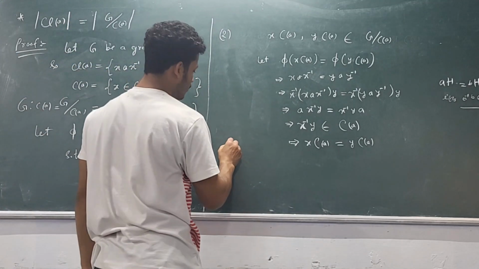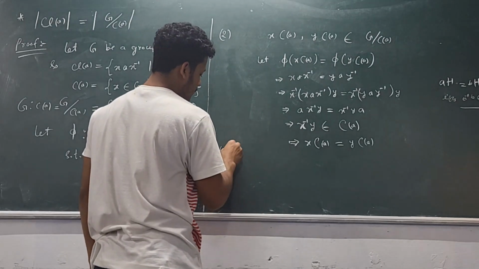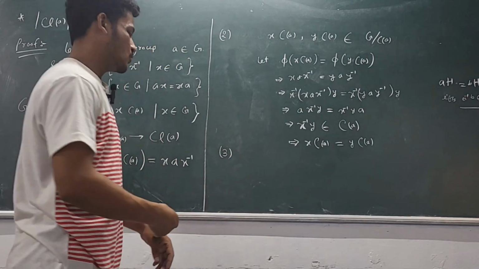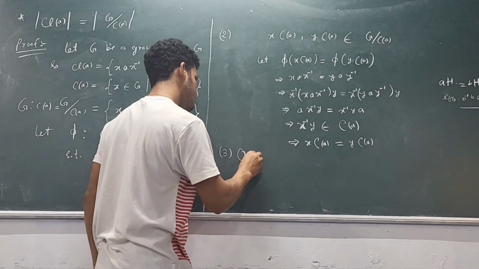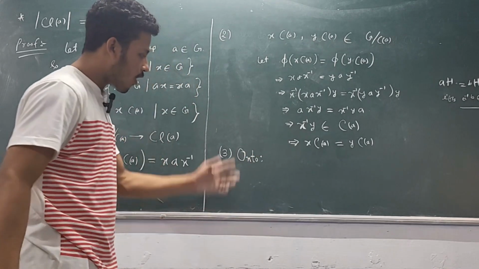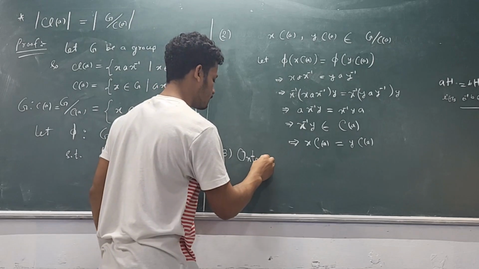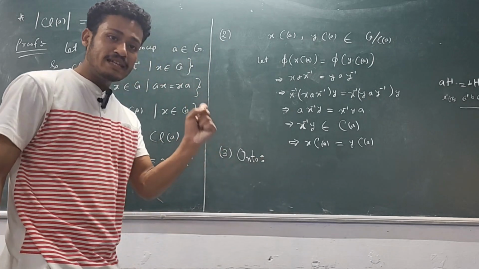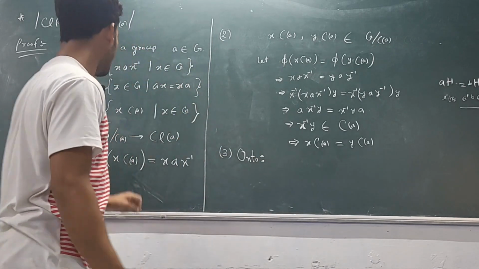The last thing we have to show is onto. Onto is very simple. Take any element in the codomain. What is the codomain?